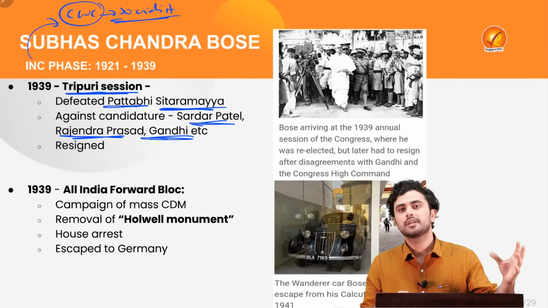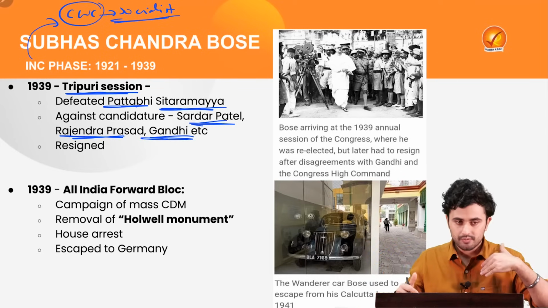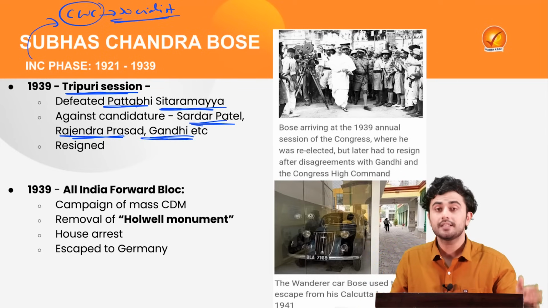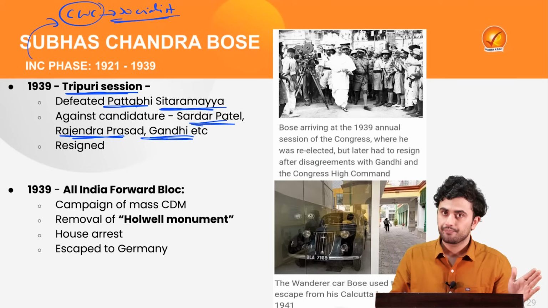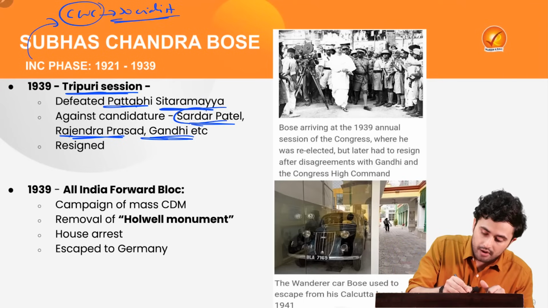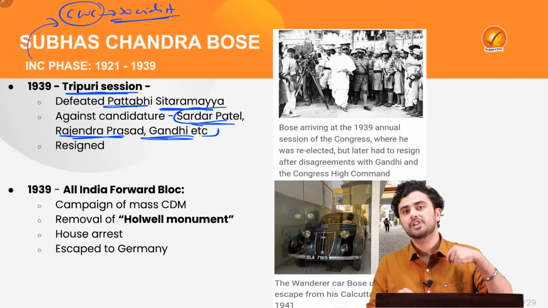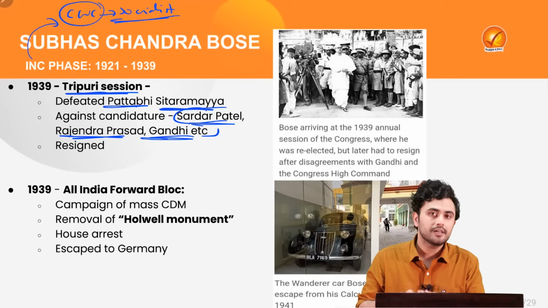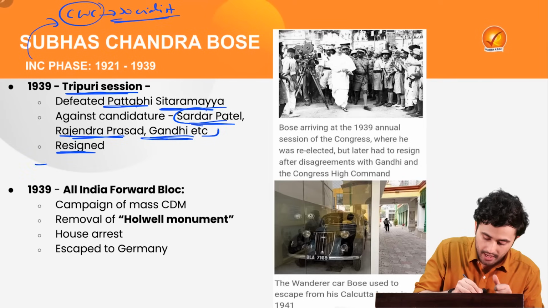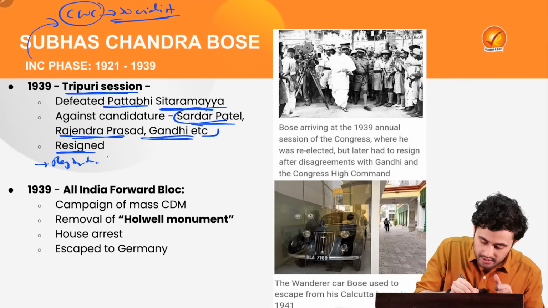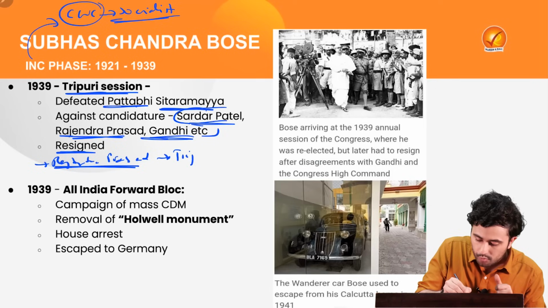However, the Congress Working Committee was not in favor of such prolonged socialist ideas, and thus they resigned. Then this senior lot of the Congress started pressurizing Subhash Chandra Bose, and ultimately he had to resign, and finally Rajendra Prasad became the president in the Tripuri session.